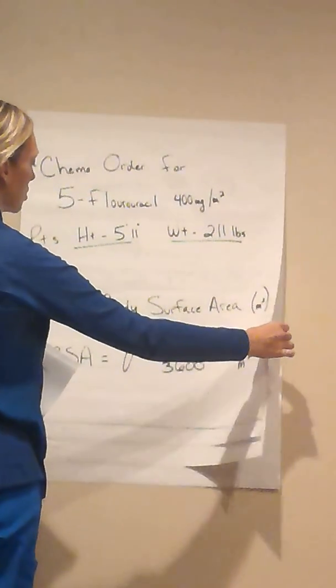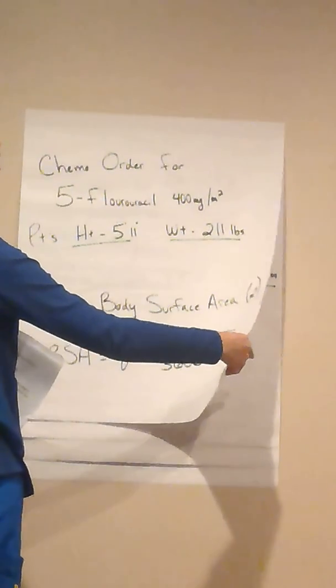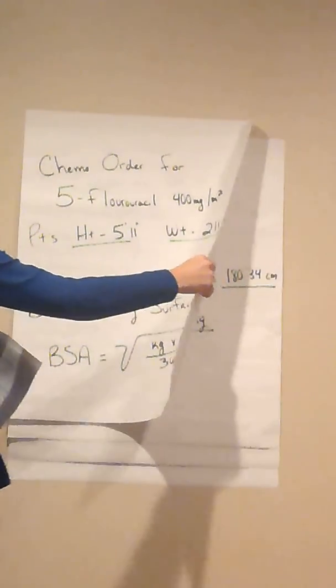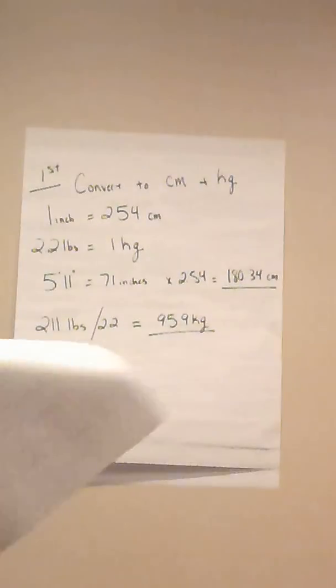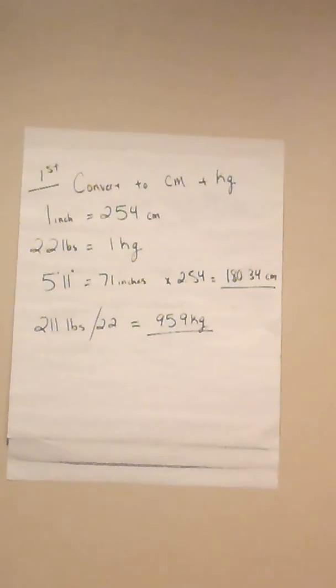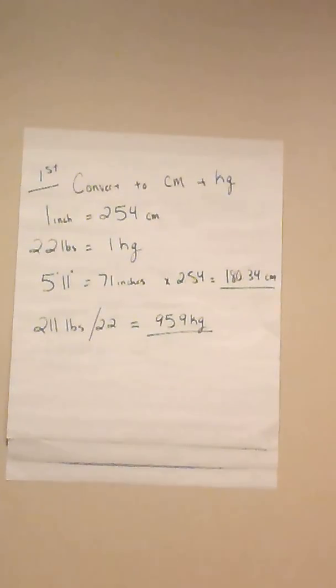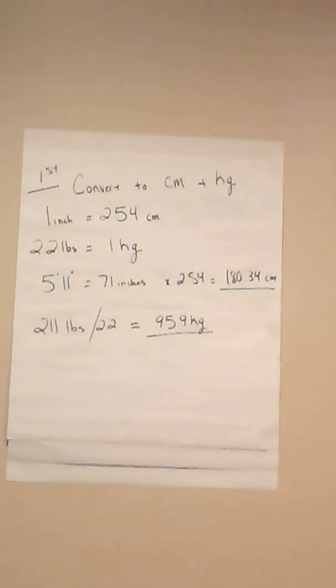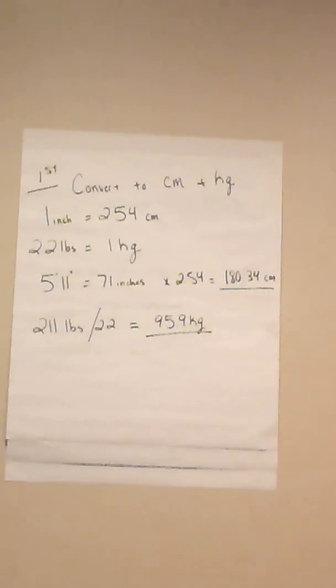The first thing we must do is convert the height and weight to kilograms and centimeters. If 1 inch equals 2.54 centimeters and 2.2 pounds equals 1 kilogram, then we can figure out centimeters and kilograms.